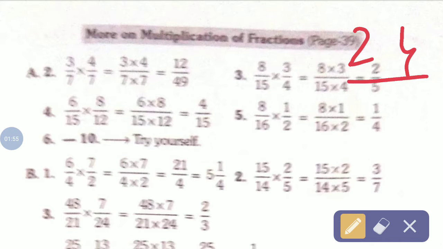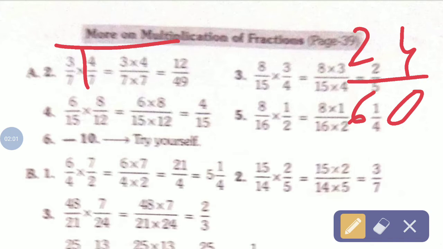That is 24 upon 60. We were having this answer. So what will we do? We will directly use the long division method. 60 is the bigger number and 24 is the smaller number. So we will write that and then proceed accordingly. 24 2s are 48.